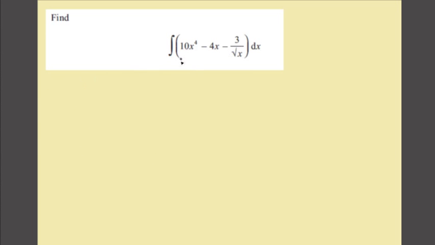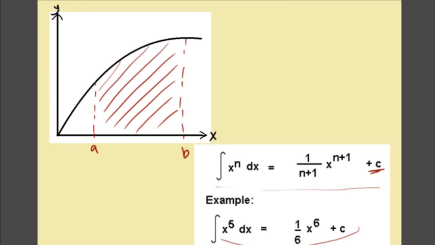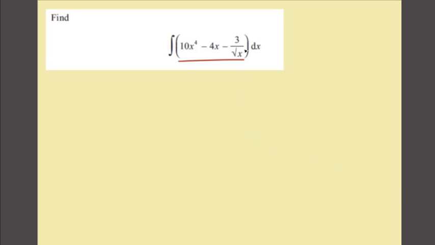So we've got this function right here, and we're being asked to integrate it. Okay, so using that basic rule that we established here, we will get 10x, then we do 4 plus 1, which is 5, over 5.